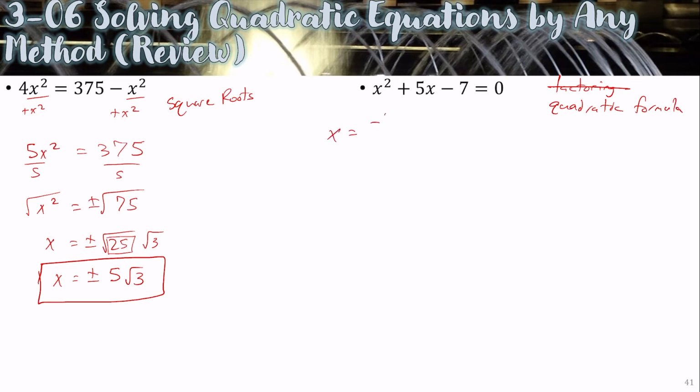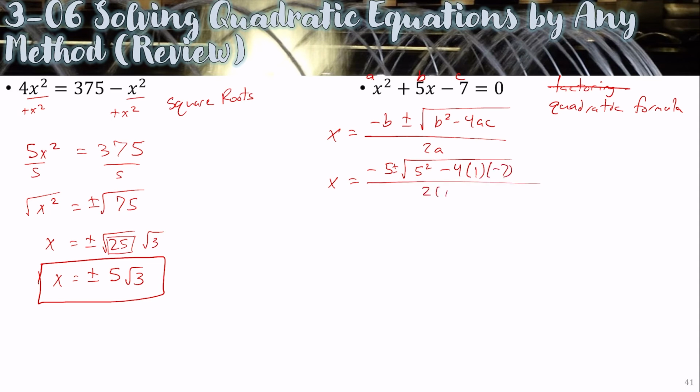So x equals negative b plus and minus the square root of b squared minus 4ac all over 2a. It's a, b, and c. So b is 5, a is 1, c is negative 7. 5 squared is 25, and 4 times 7 is 28.